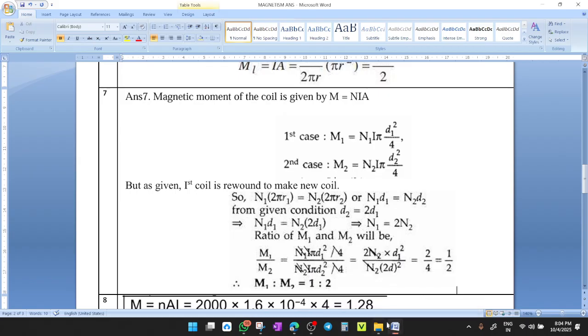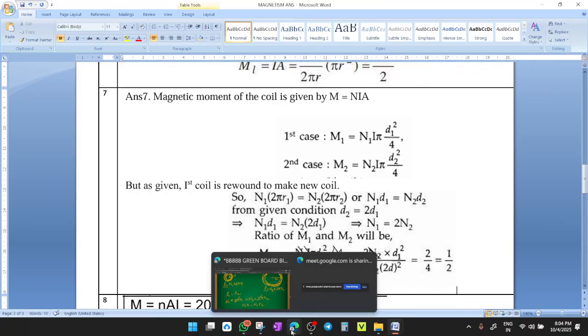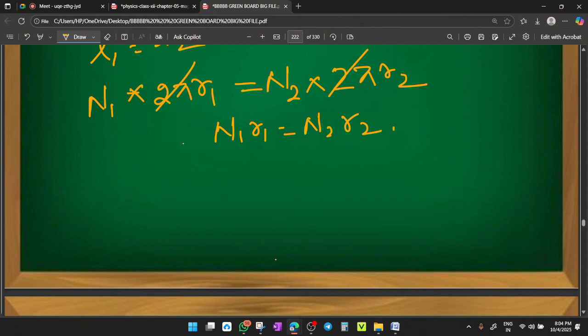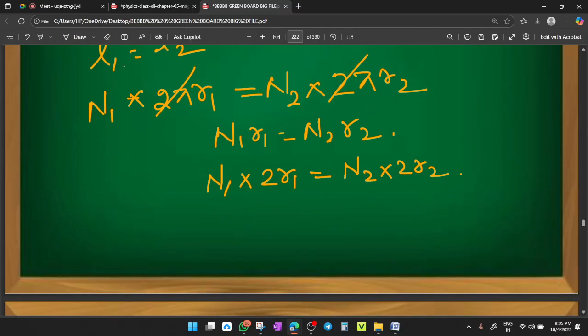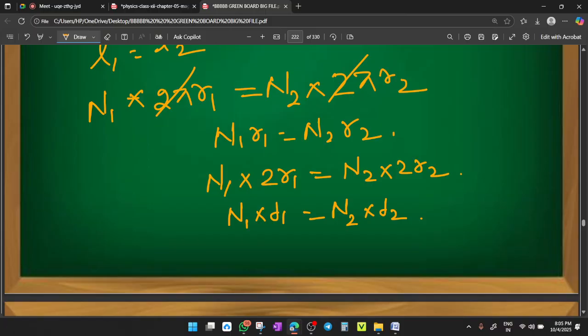Now see here, N1 r1 equals N2 r2. Make both sides multiplied by 2. So N1 into 2 r1 equals N2 into 2 r2. So N1 into D1 equals N2 into D2.